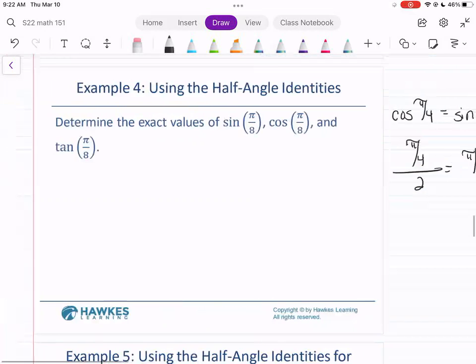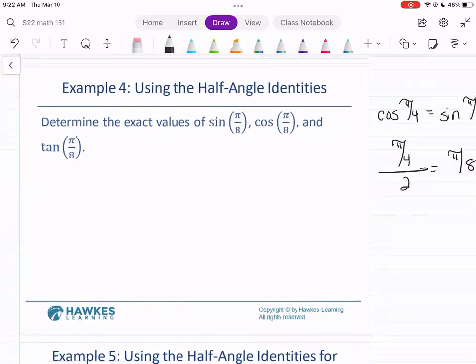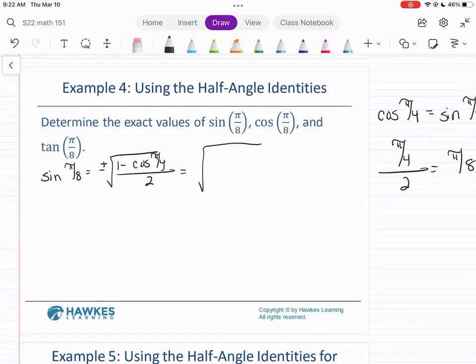We can therefore apply our half-angle identities, and we get that the sine of pi over 8 is equal to the square root of 1 minus the cosine of pi over 4, over 2, which is equal to the square root of 1 minus the square root of 2 over 2, over 2.